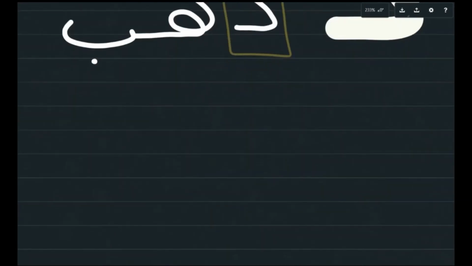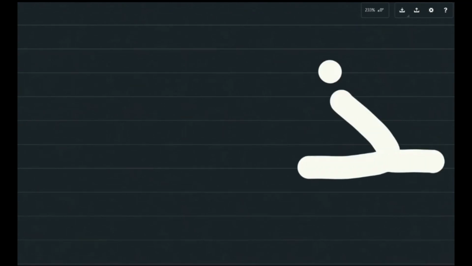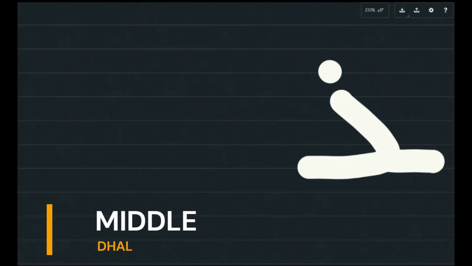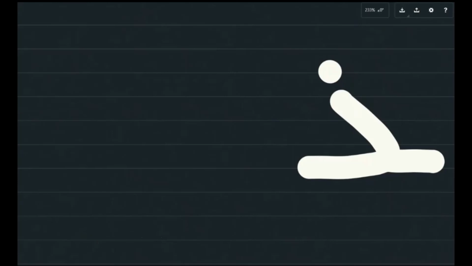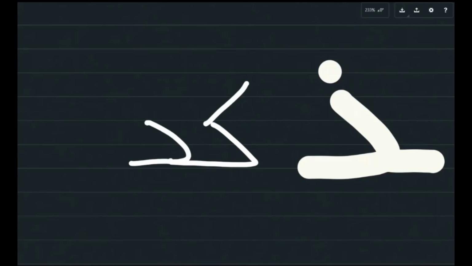In the middle form, dal looks like this. This is dal in the middle form.